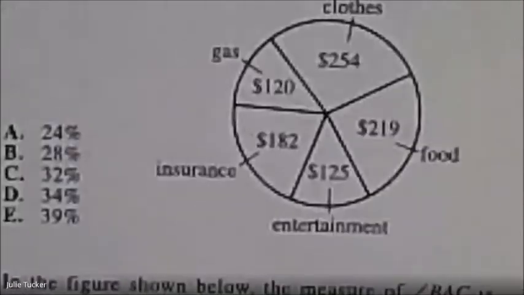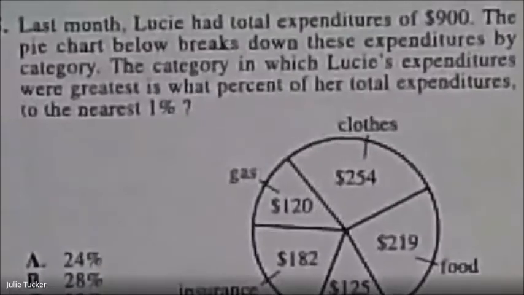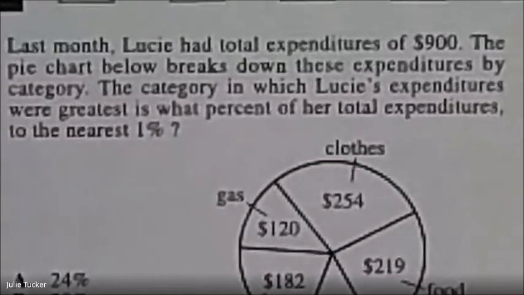25. Last month, Lucy had total expenditures of $900. The pie chart below breaks down these expenditures by category.